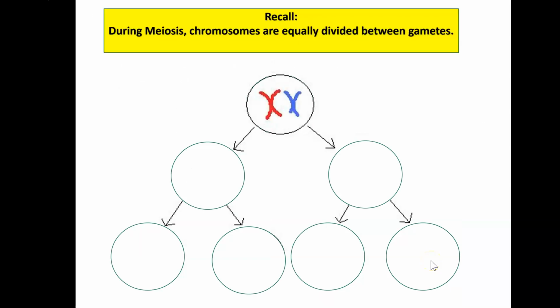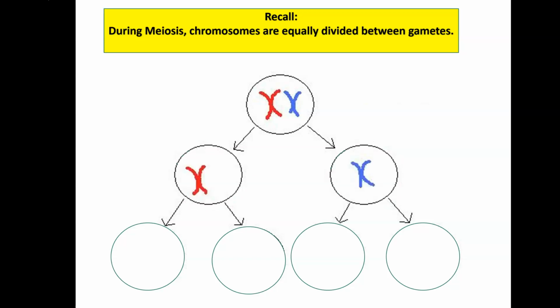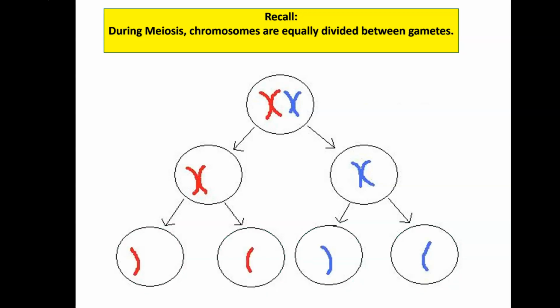So during meiosis, we know that chromosomes are equally divided. Those chromosomes are replicated and divided into two cells, and then, because there are two meiotic divisions in meiosis, that double-stranded chromosome becomes two single-stranded chromosomes, and you have four gametes, four sex cells, produced as a result of meiosis.